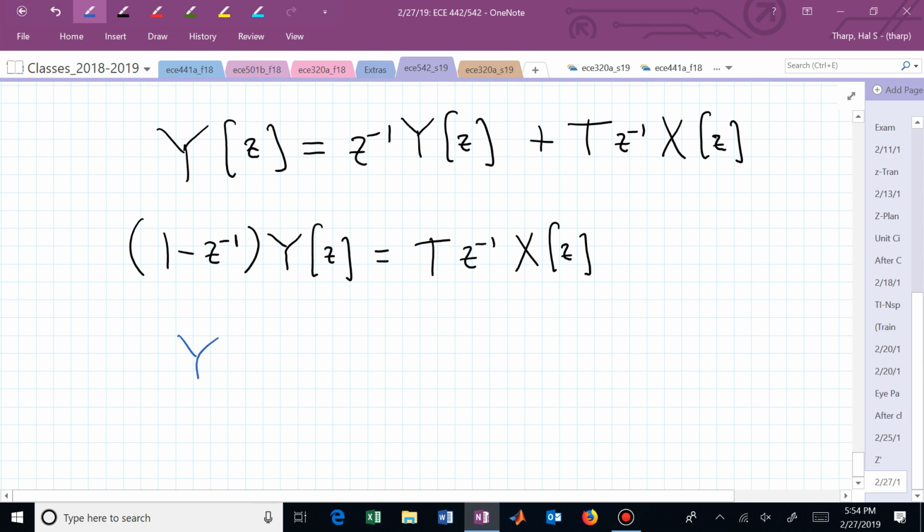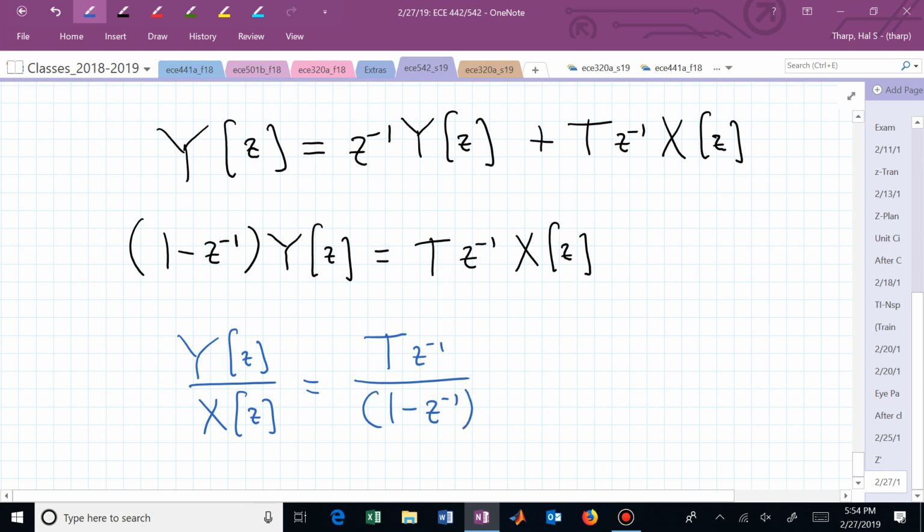Y of z over X of z is equal to T z to the minus 1 over 1 minus z to the minus 1. Or if we multiply that by 1, z over z, we end up with T over z minus 1.